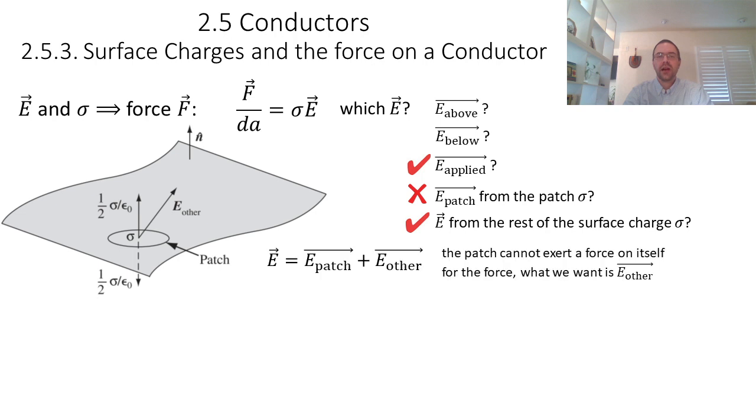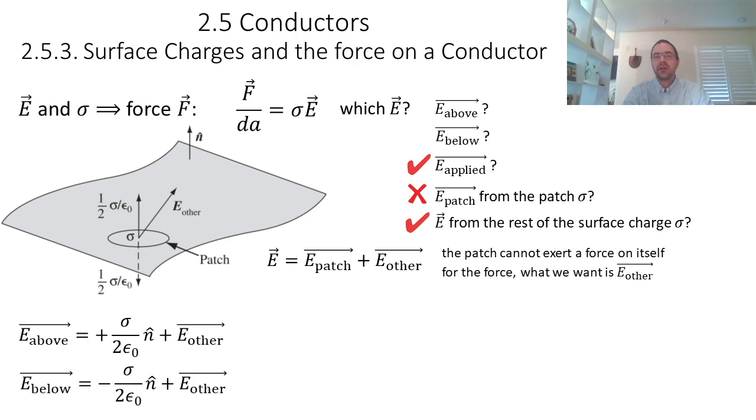Now, the field that you have somewhere in space is the field from the patch plus the field from the other sources. So let's call this field E other. If we don't want to consider the field from the patch, we only want E other. There is a trick to find E other. It is to write E other in terms of the field above and the field below.